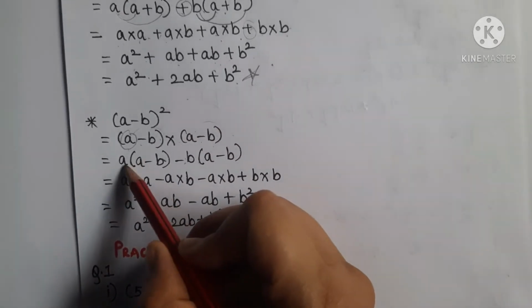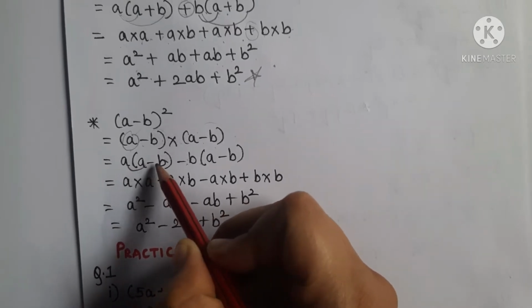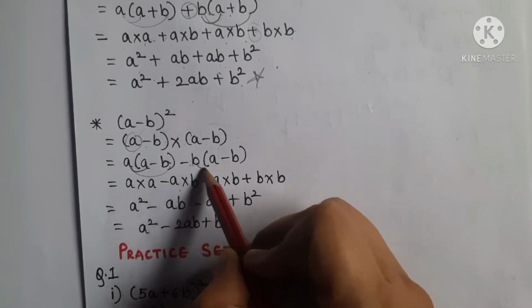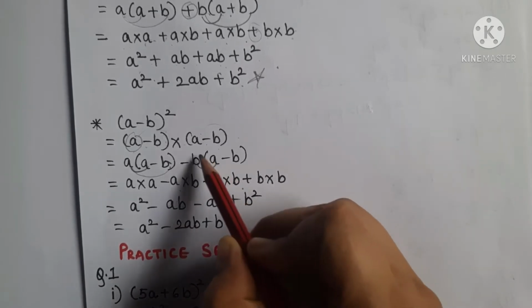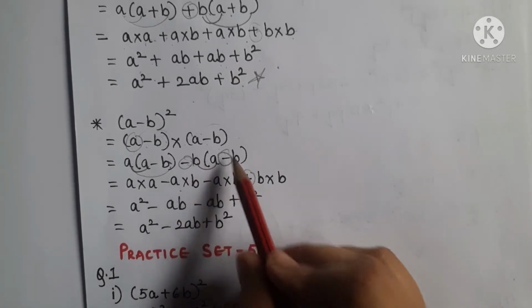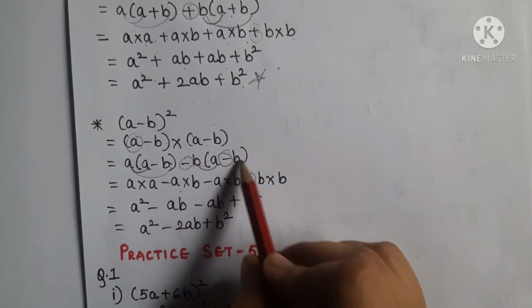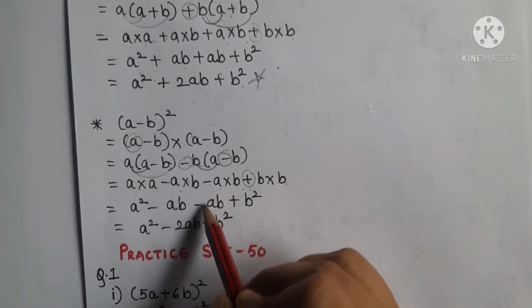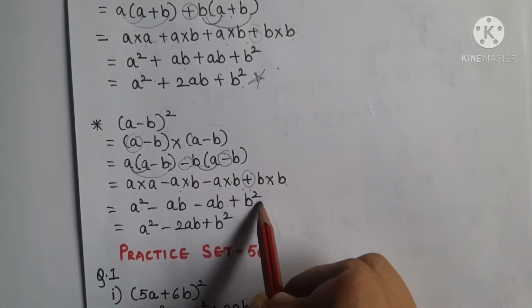Now open this bracket: a into a, minus a into b, minus b into a. Now minus and minus gives you plus. So minus minus is plus, b into b. So a square minus ab minus ab plus b square.